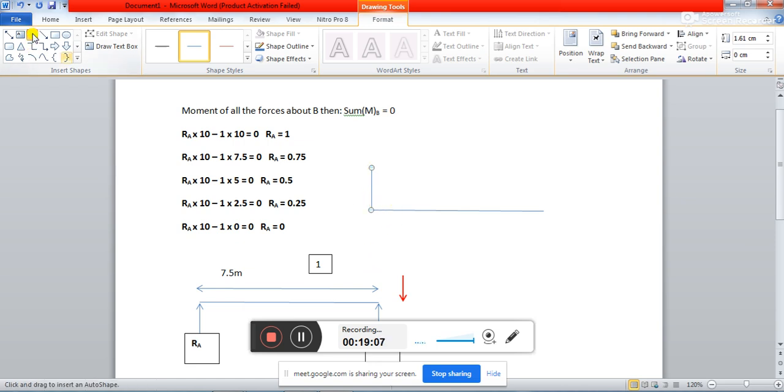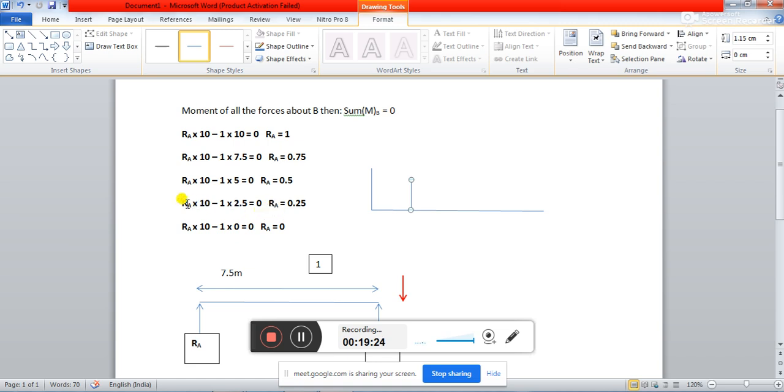When you reach a 2.5 meter distance, you have a value of 0.75.